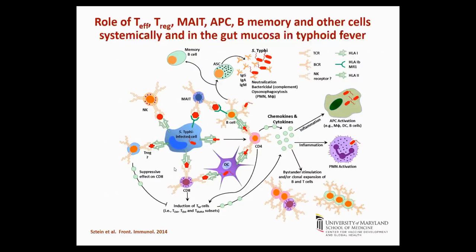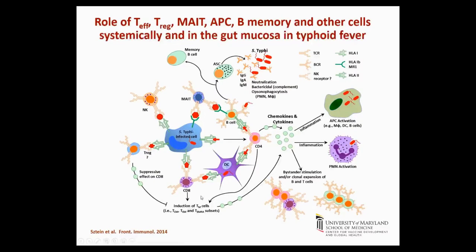This diagram is from a review that my group published a few years ago, in which we have developed an understanding of what the immune response to Salmonella Typhi entails in humans.